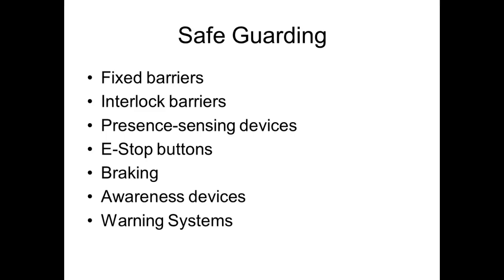E-stop button, we talked about that, right? You understand? Usually, we have two things that initiate braking. Most robots maintain their position with the actuator. Some robots maintain their position with brakes.